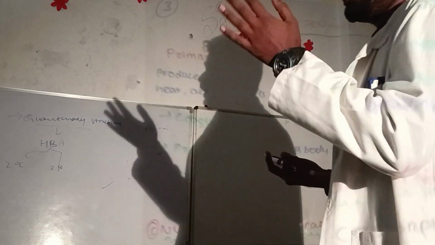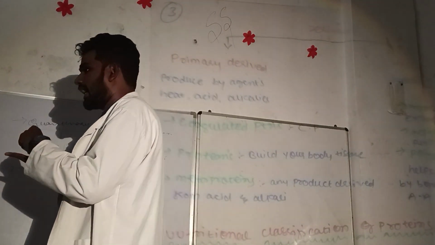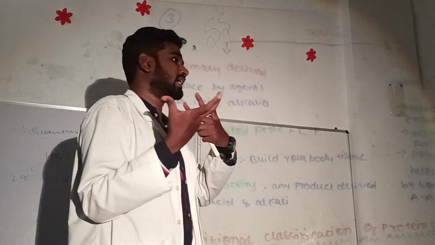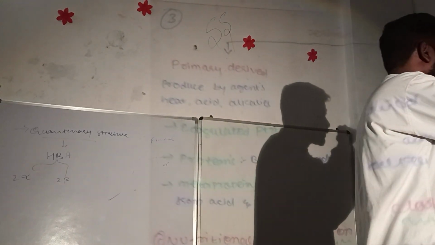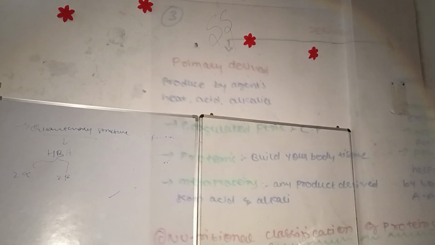Now for primary derived protein: if simple and conjugated proteins have been treated with agents like heat, acid and alkalis, as in an experiment, and in response to the heat, acid or alkali a new product is formed, that product is considered a primary derived protein. Okay? Primary derived proteins.